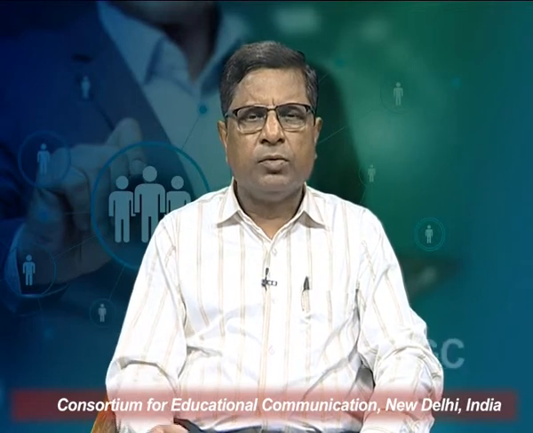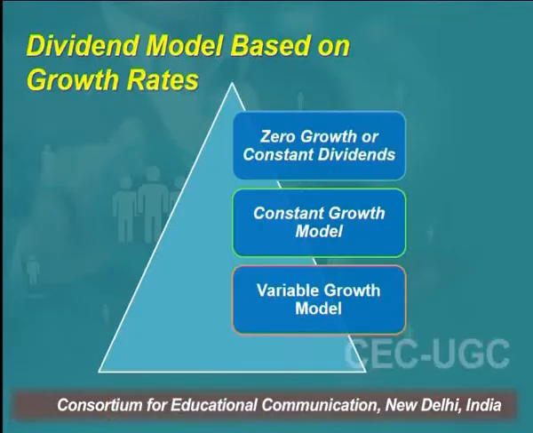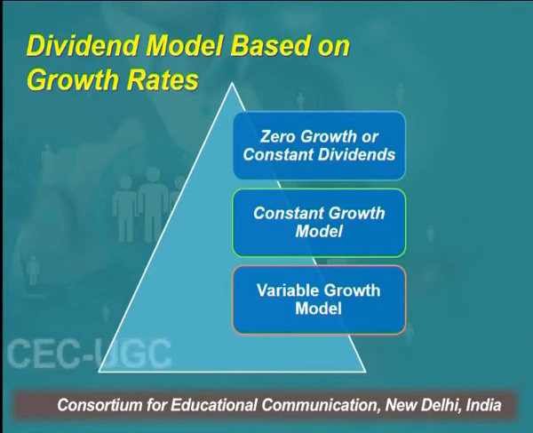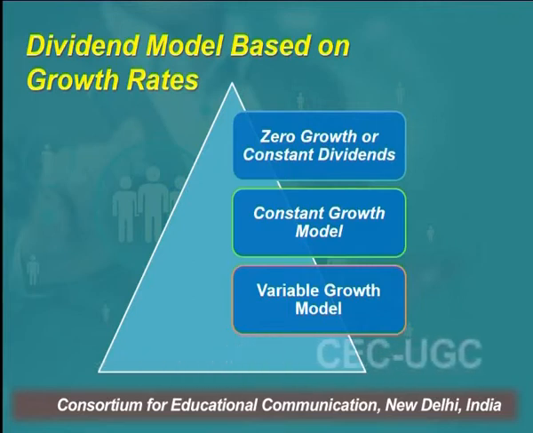This is one case. Now, the dividend model based on growth rates. Practically what happens, the dividend amount does not remain constant. So the case which I have just taken is the zero growth or constant dividend model. The other cases can be the constant growth model and the variable growth model. Constant growth model means we are presuming that the dividend amount will increase at a constant rate.